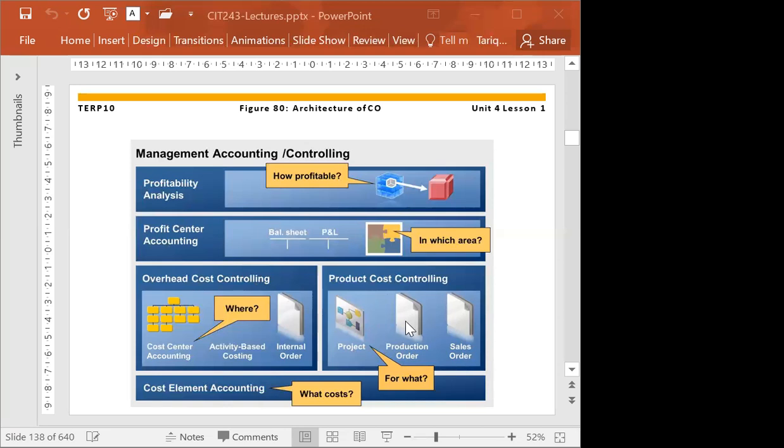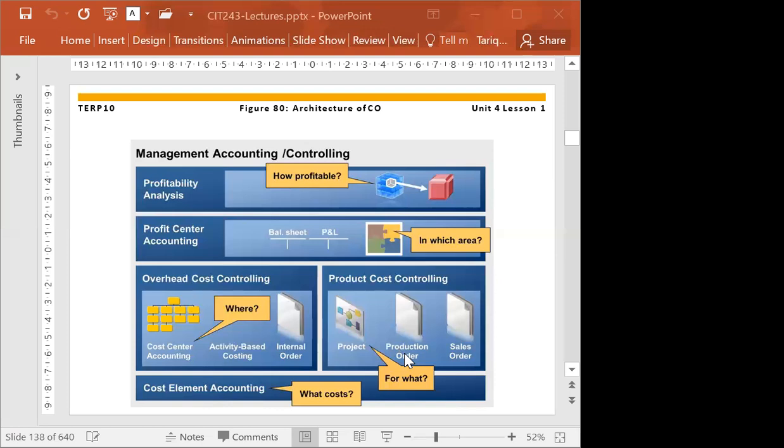For the settlement, it will come back to me. So I will settle the amount, I'll pay the money, and then the balance of this maintenance order will be 0. If I don't pay that maintenance order, it will have that amount, for example, $2,000. It will keep the $2,000. When I pay, it will be 0.